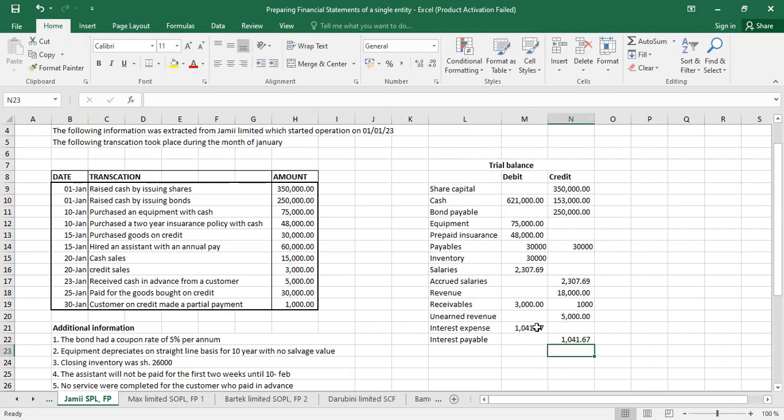Then we move to additional information number 2, isn't it? So number two says equipment depreciates at 10% for 10 years on a straight line basis, isn't it? It brings in depreciation.